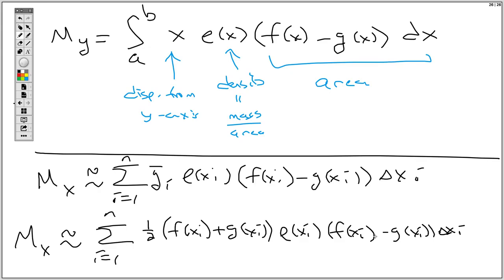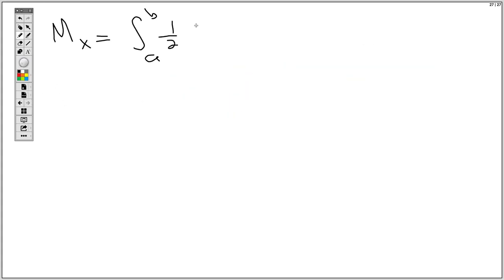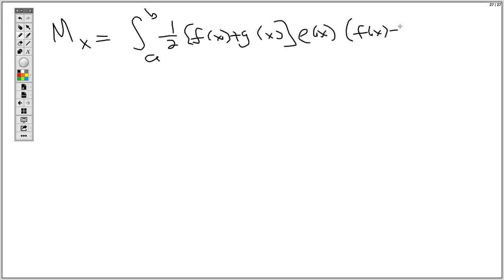So what's going to happen? Take the limit as the norm of the partitions goes to 0, and as I flip the page, what's going to happen? The moment about the x-axis is going to be the integral from a to b of 1/2 f of x plus g of x times rho of x times f of x minus g of x dx.